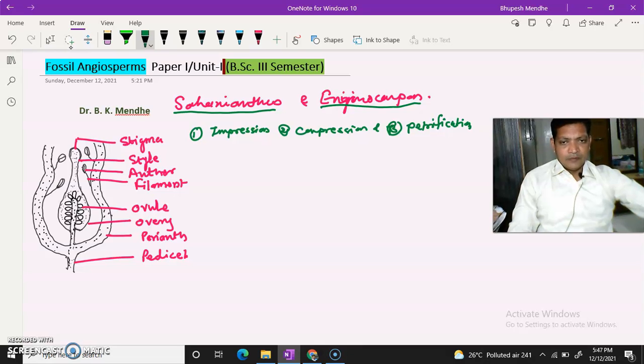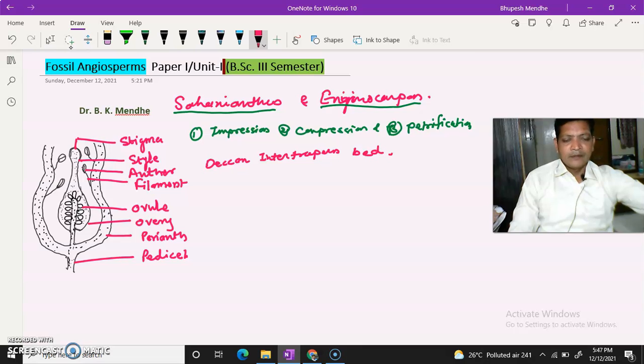These fossils which are included in your syllabus, there are several. They belong to the Indian fossil belt, and you know that the most popular place where all past plants are buried is the Deccan Intertrappean belt.